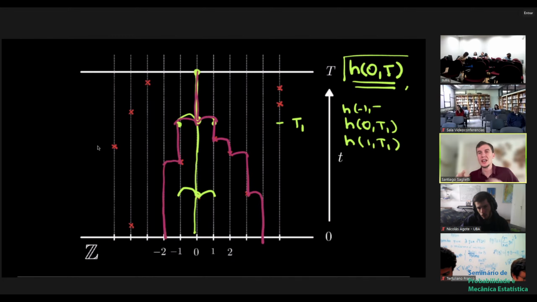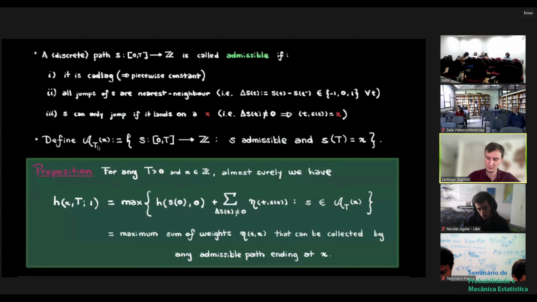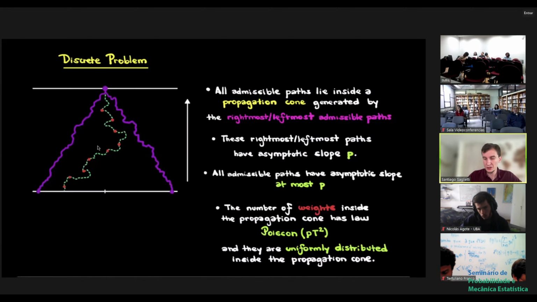So in this case, any other admissible path, or any path in this net of paths, needs to be contained inside this region right here. And so this region right here will look like a cone. That's what I was talking about, a cone, before. And all the admissible paths will lie inside this cone.